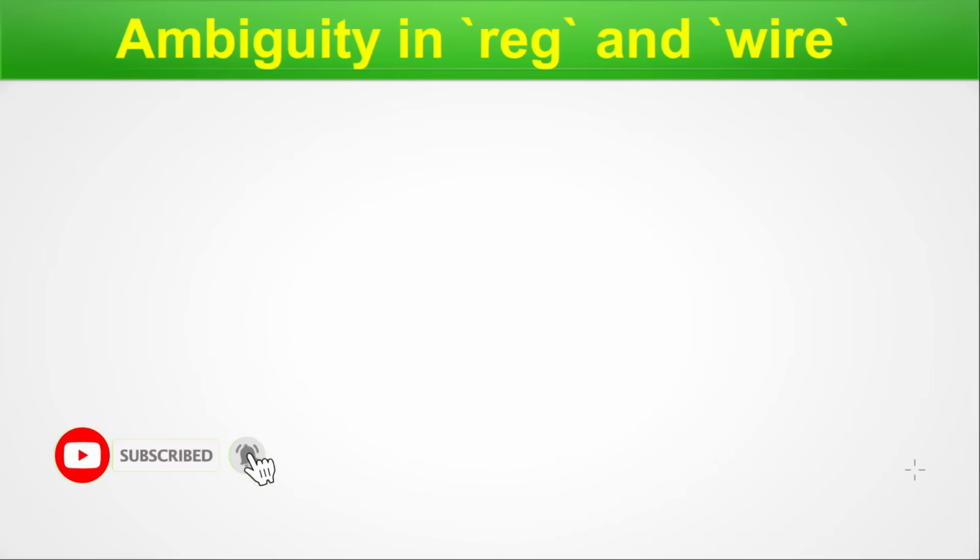Ambiguity in reg and wire. In Verilog, the two main types of signals were reg and wire, but over time, designers realized that these had some limitation and confusion. For example, reg sounds like it should always be a hardware register, but it's really just a variable for procedural assignments.